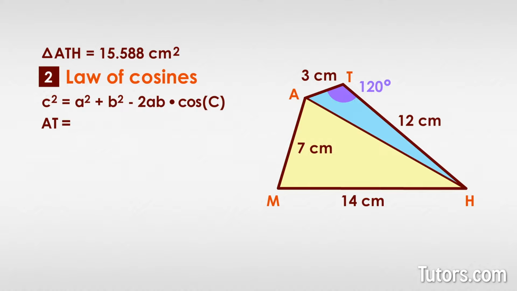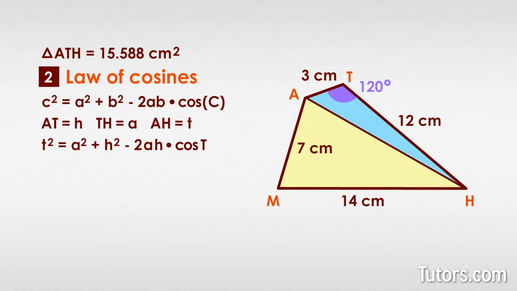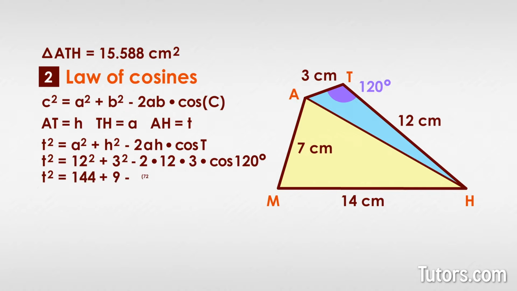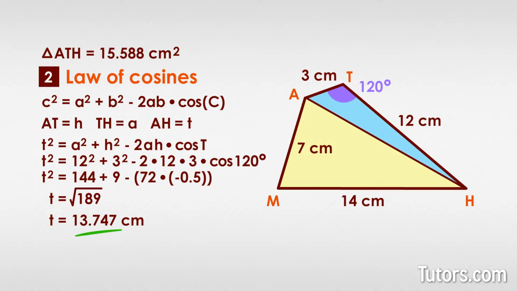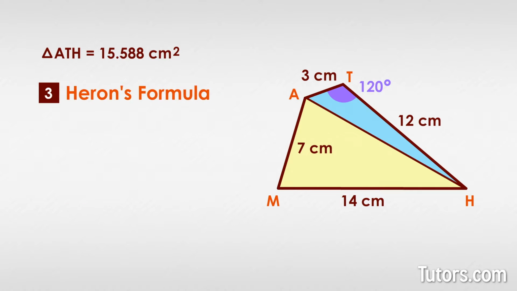Side AT can be labeled H. Side TH can be labeled A. Side AH can be labeled T. Now let's plug in our numbers and solve for T, which is the length of side AH. T equals approximately 13.747 centimeters.